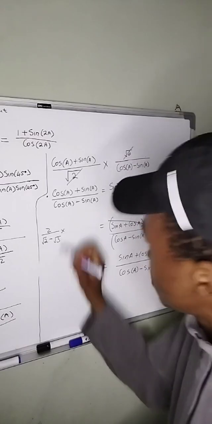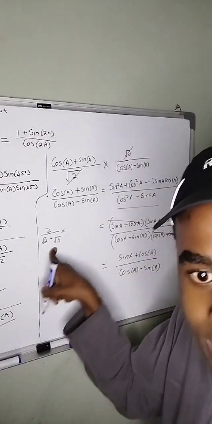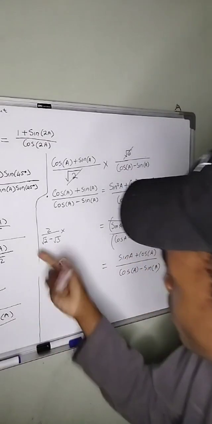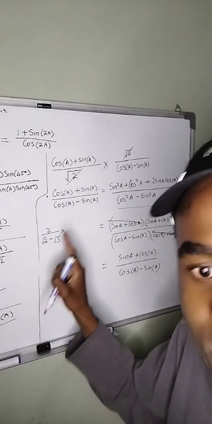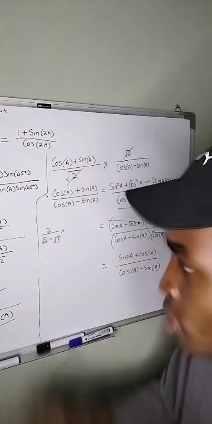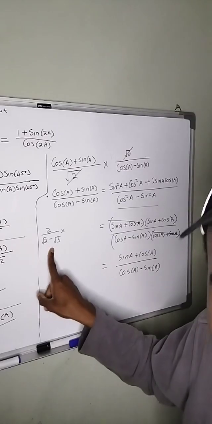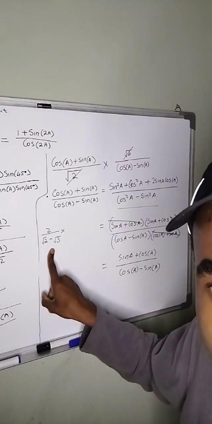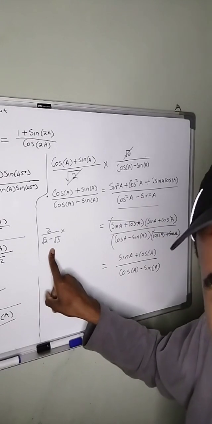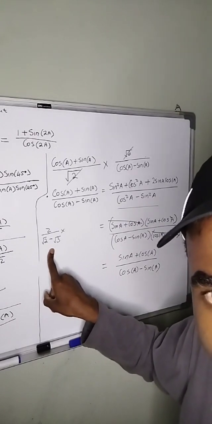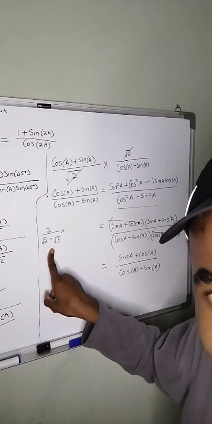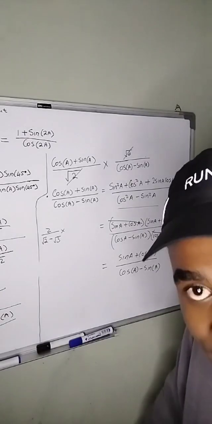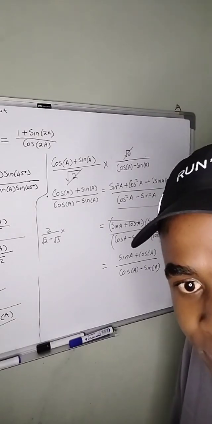I will multiply this with its conjugate. Guys, what is the conjugate of square root of 2 minus square root of 3? What is the conjugate?